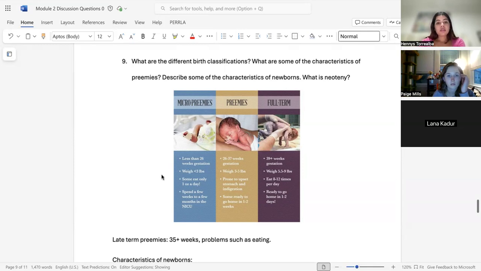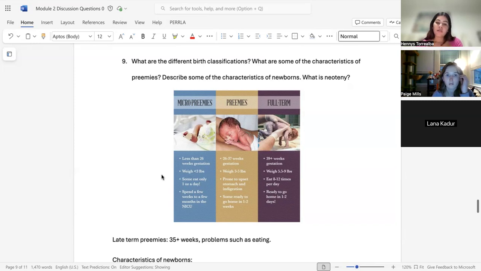Then we have preemies, 26 to 37 weeks. They weigh about 3 to 5 pounds. They're prone to upset stomach and indigestion because they have problems with being able to suck, so they have a hard time eating. And some of them are ready to go home in 1 to 2 weeks. And then we have a full-term baby, which is 39 plus weeks of gestation.